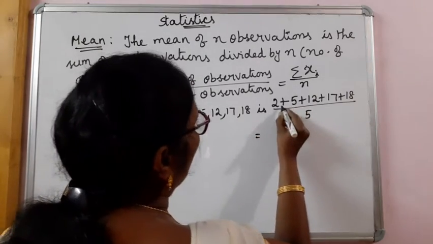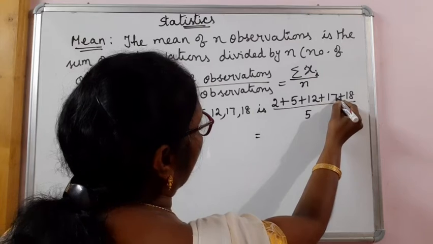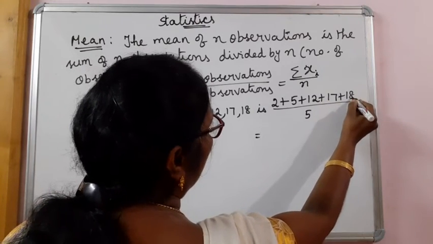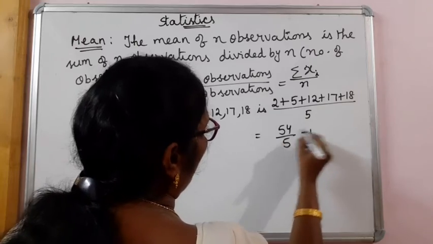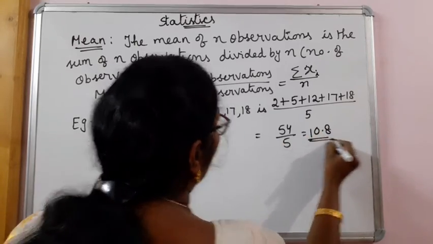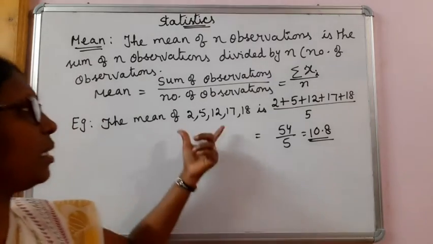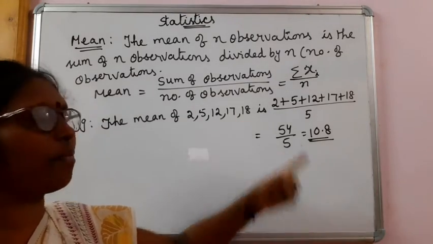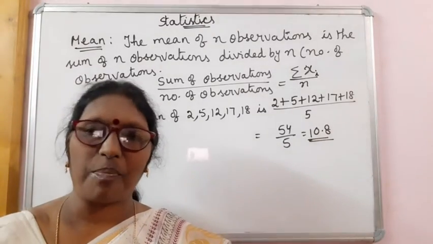That gives you 54 divided by 5, which is 10.8. So the mean of this data is 10.8. That is, the sum divided by the number of observations gives you the mean.